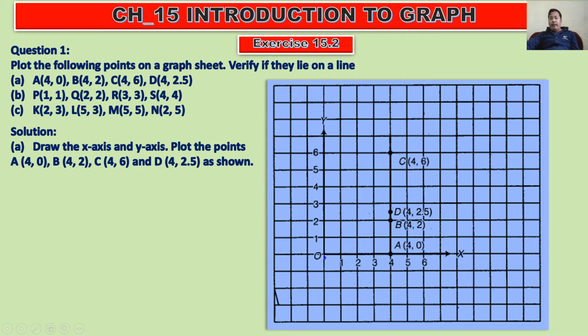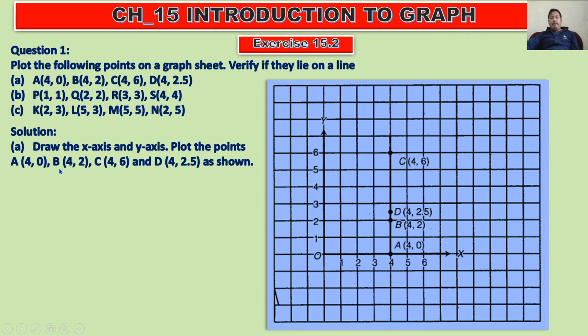So the y value 0 will be here, but from here you just come to the x-axis where the value of x will be 4. This is the point 4 here. So if you take a point on this unit 4, you will get that point called coordinate A, which gives the value of x as 4 and y as 0.